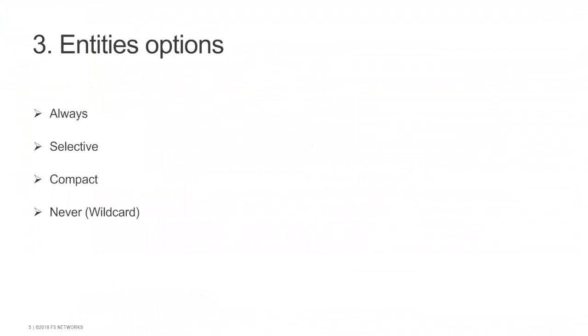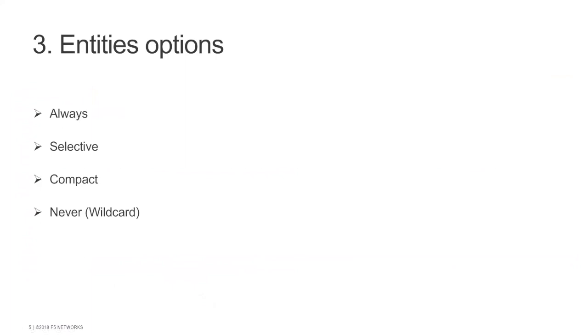Okay, here I explain the different types of elements in the entities options. We have 4 types of entities options: always, selective, compact, and never wildcard.